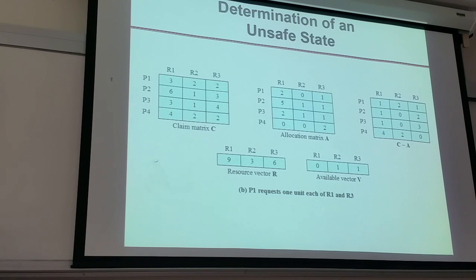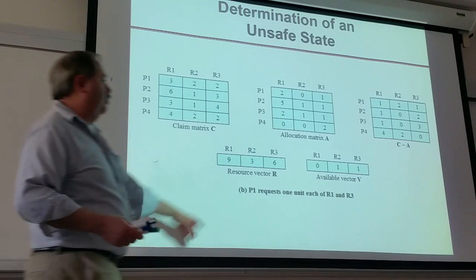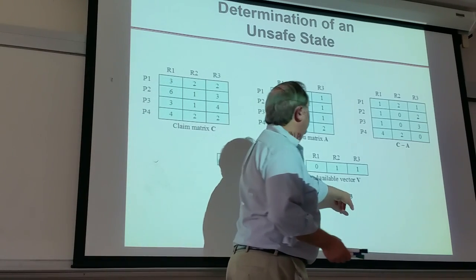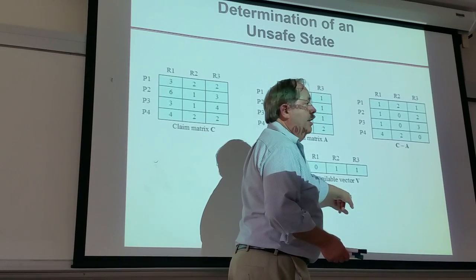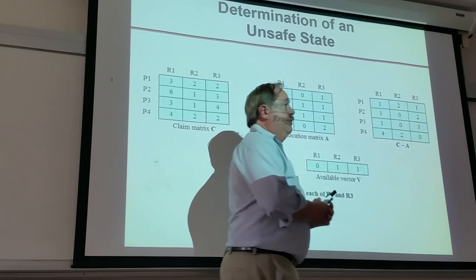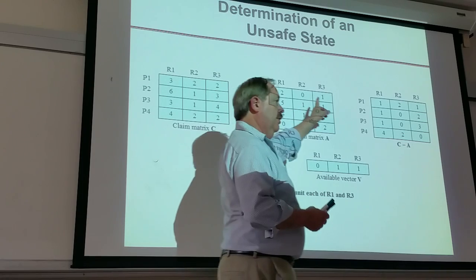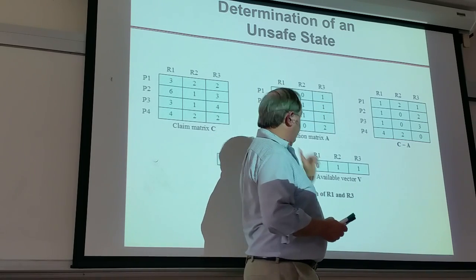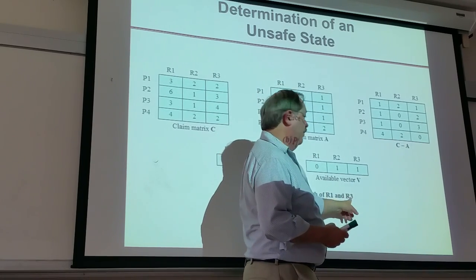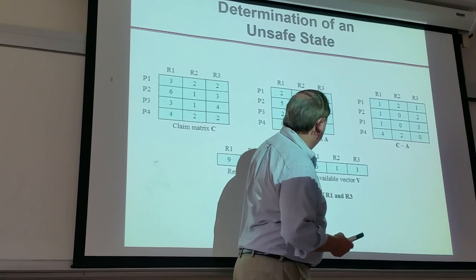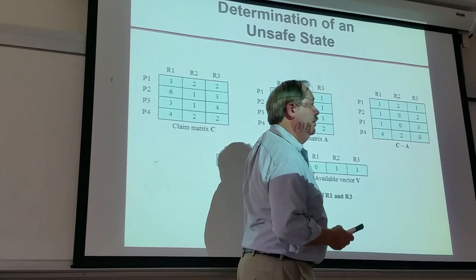So we've seen safe, and we've seen an incremental request that was unsafe. What's the difference there with incremental? What does that mean? Because I pulled out process one, and process one got its 2 resources, and now I'm looking to see if there's a safe state. If I grant process one this request, 1 of R1 and 1 of R3, then my available would look like this.